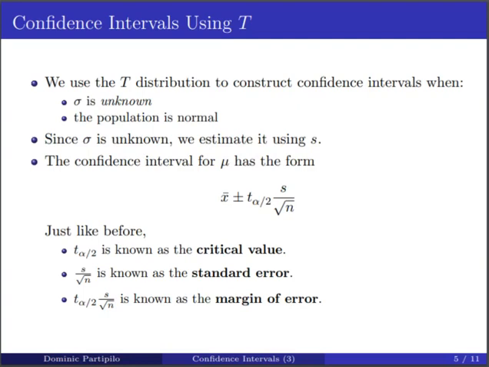So just like before, this piece right here, t alpha half, is going to be our critical value. s over the square root of n is going to be the standard error, and then this whole thing is going to be our margin of error.